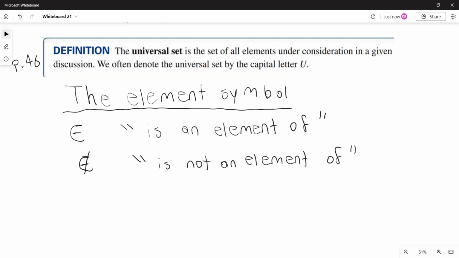Okay, so I'm going to copy an example from page 47, the quiz yourself.